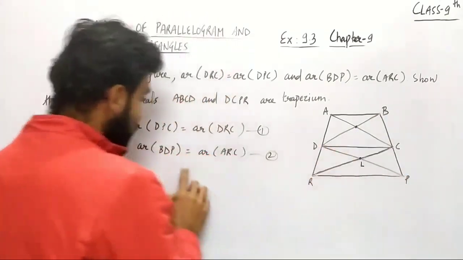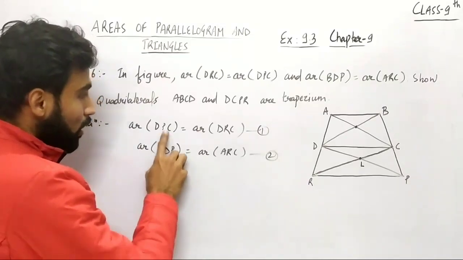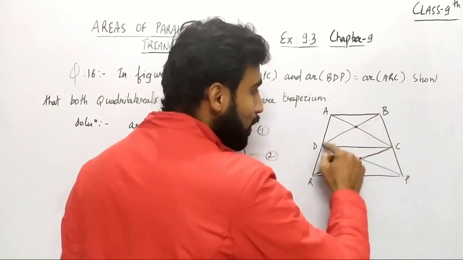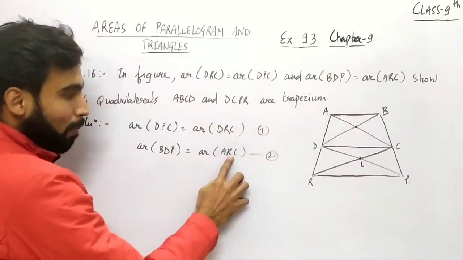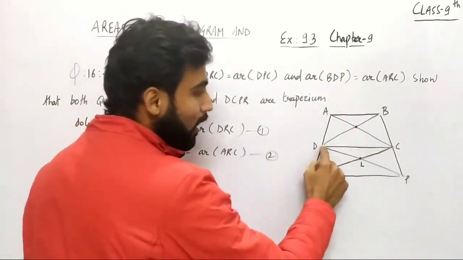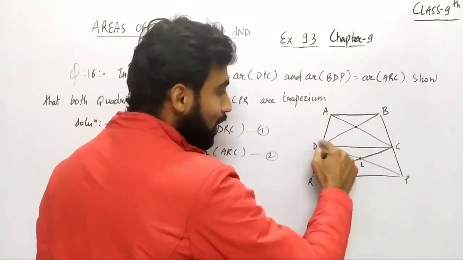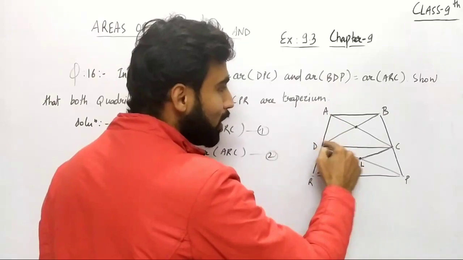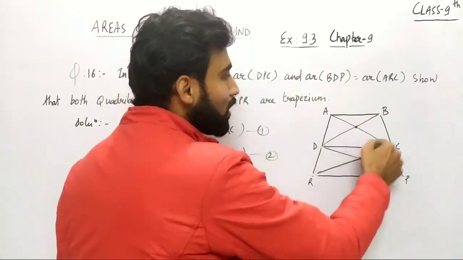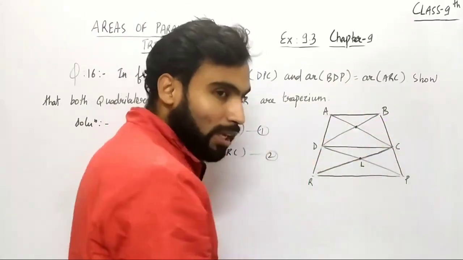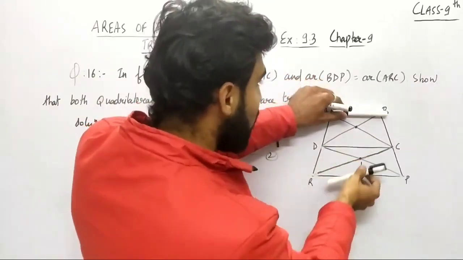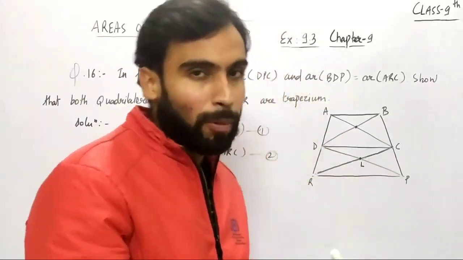You can see, from BDP if I subtract DPC, you can see BDP minus DPC will leave BDC, right. So further you can see on the right hand side, from ARC, if I subtract DRC, then ARC minus DRC will leave ADC. Now that means ADC is going to be equal to BDC. Now we know that these two triangles have equal area and lie on the same base DC, that means they are going to lie between the same parallel lines, right?